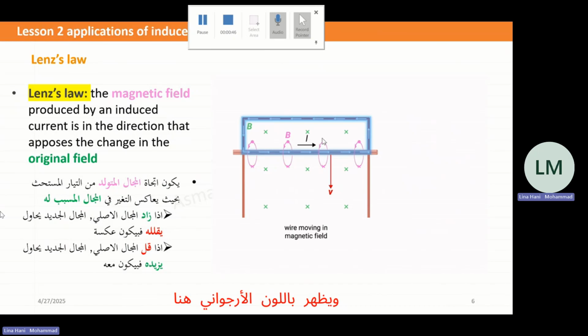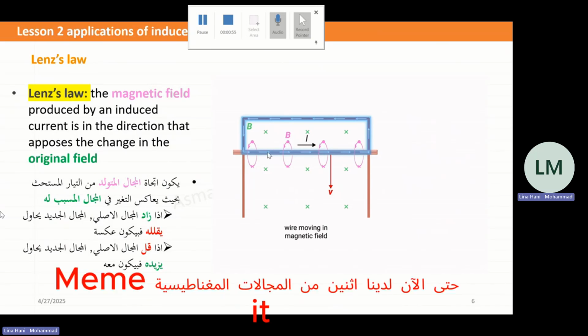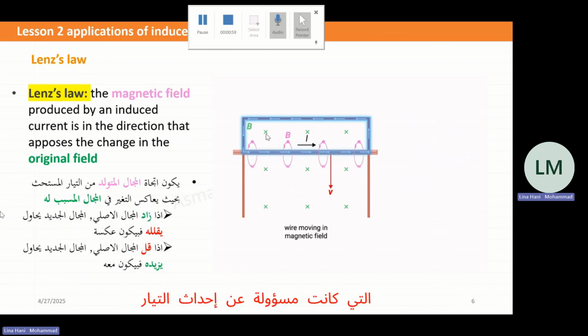And shown in purple here is the magnetic field induced, or generated, by the induced current. So now we have two magnetic fields: the original one that was responsible for inducing the current, and the one that the current carrying wire is now inducing. You can see that it's in the shape of loops around the wire.